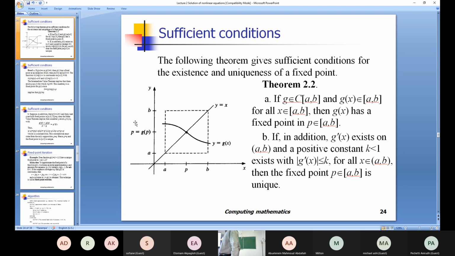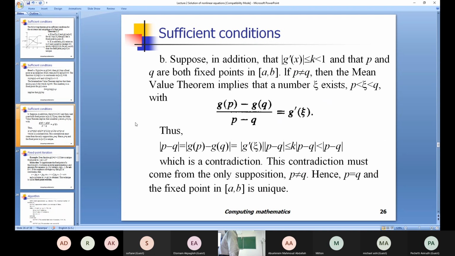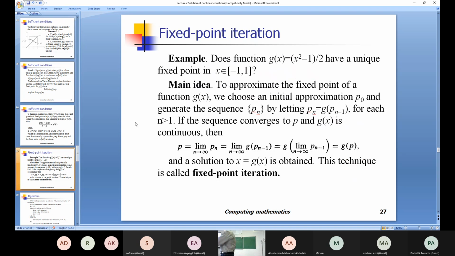If not, there can be many fixed points. Well, what is the derivative of this function, g of x equals x squared minus 1 over 2? Find the derivative of this function.